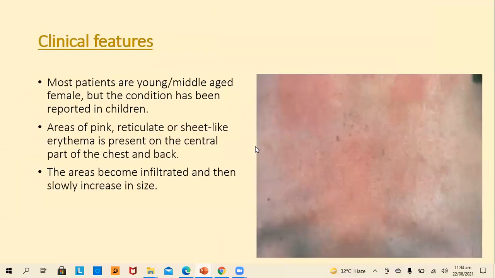Clinical features. Most patients are young or middle-aged female, but condition has been reported in children. There are areas of pink, reticulate or sheet-like erythema present on the central part of the chest and back. The area becomes infiltrated and then slowly increases in size.